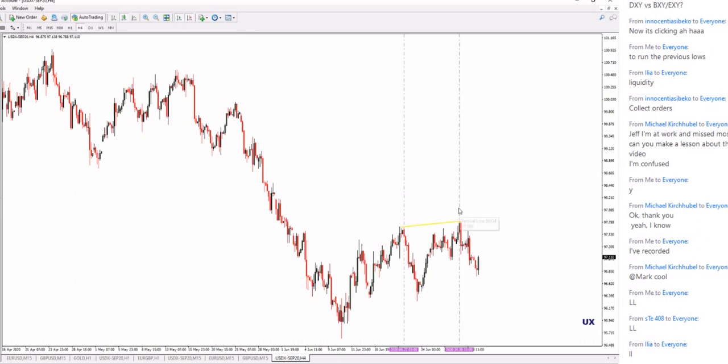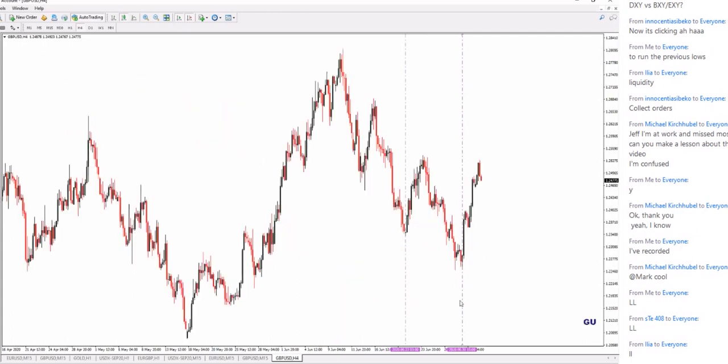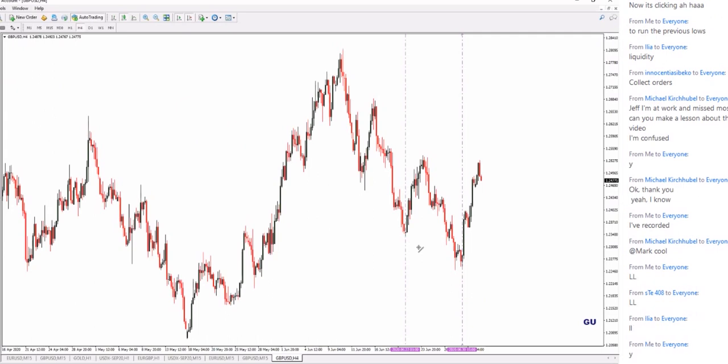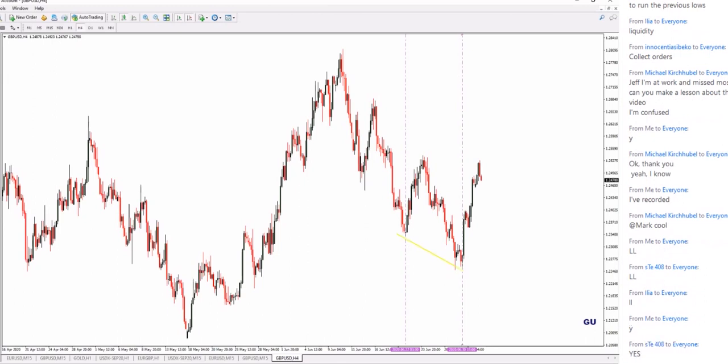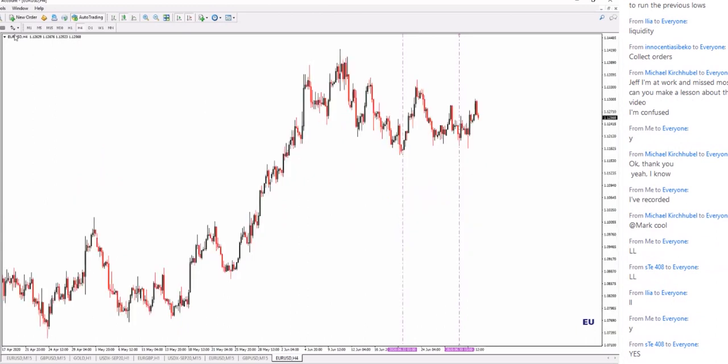I want to make sure I'm using the same candles as I compare it. June 22nd, 3 o'clock, June 30th, 1500. And the lines will stay on the chart. So I want to see a lower low in GU. Do I get a lower low? I do, right? Let's look at EU now. What do I get in EU?